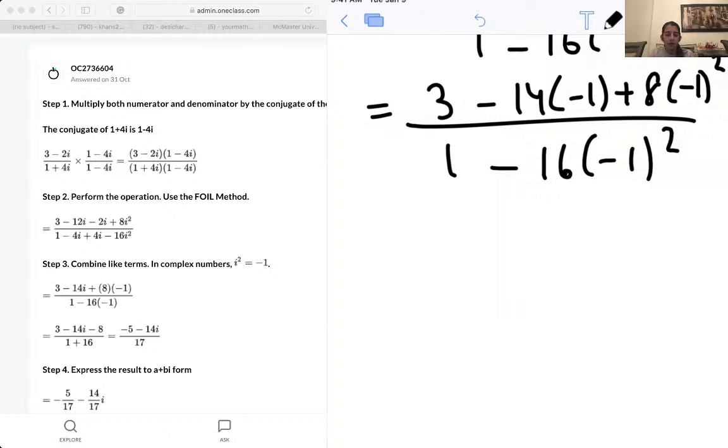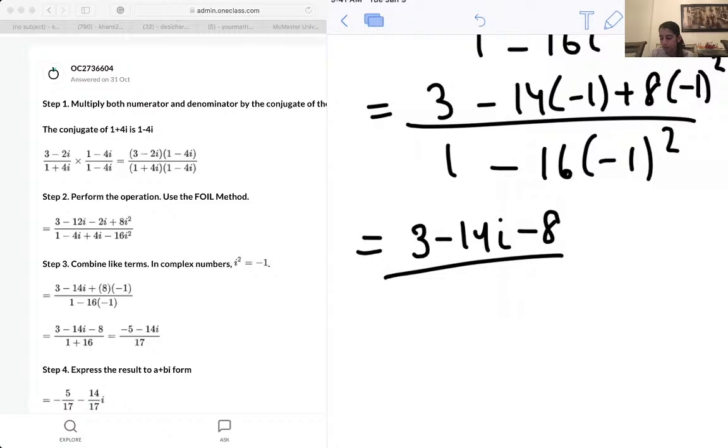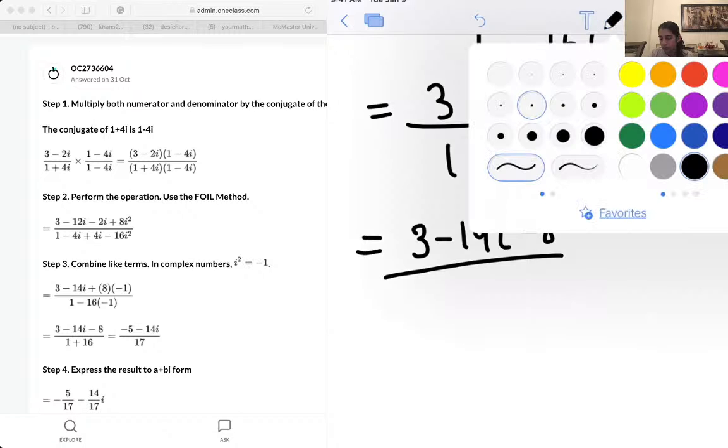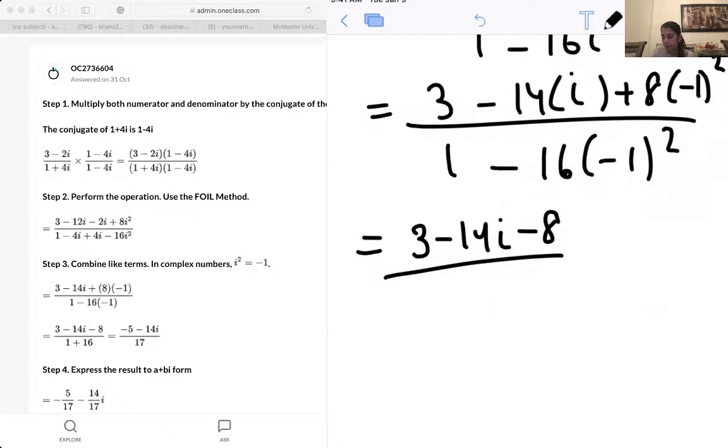We are then left with 3 minus 14i minus 8 over 1 plus 16, because negative 1 times negative 16 would be positive 16.